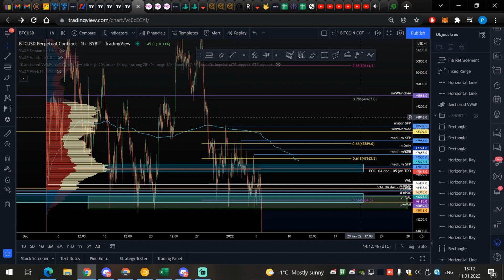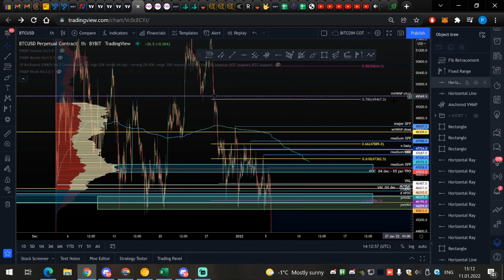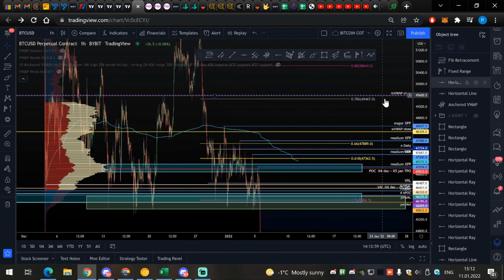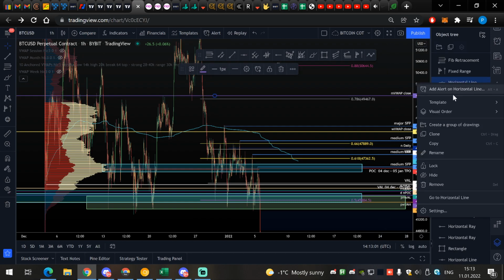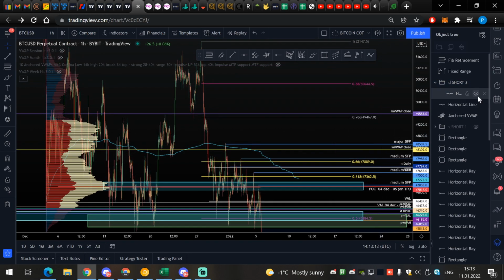So let's do another folder for all this area, so it's not so messy. This one I will probably put already because this is a higher region, daily short 3. Where is it? Daily short 3. What else is there?